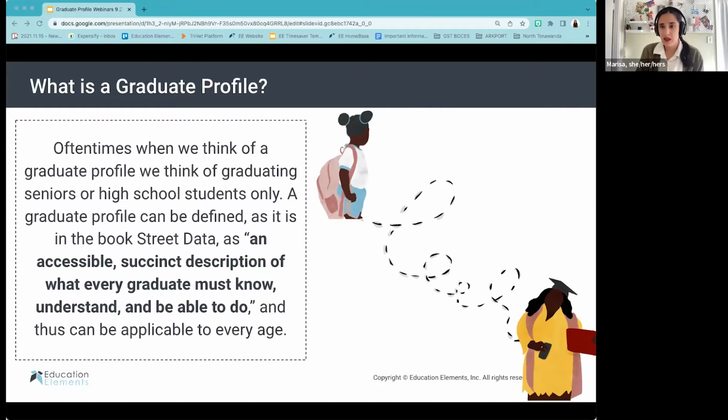And something that they emphasize, and that we emphasize in our process, and that you'll hear from our leaders who are with us today, is that oftentimes when you hear graduate profile, you think, oh, graduate and high school students. But we offer that we want to expand that to all students. And these are things that we should be thinking about from pre-K to senior year. So really thinking about how we can apply these concepts and seek alignment building to building all through a student's experience in your district. That'll be something that we'll be thinking about today as well.